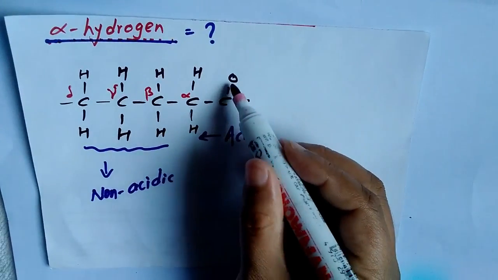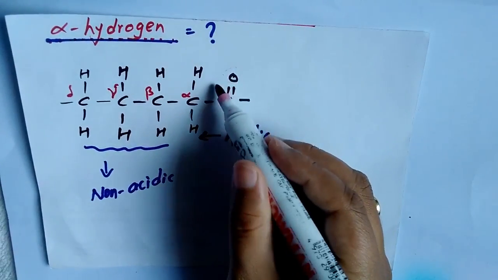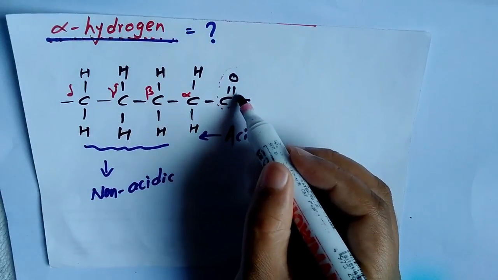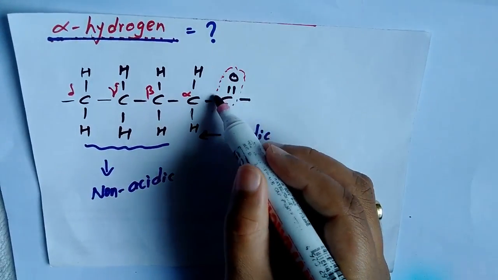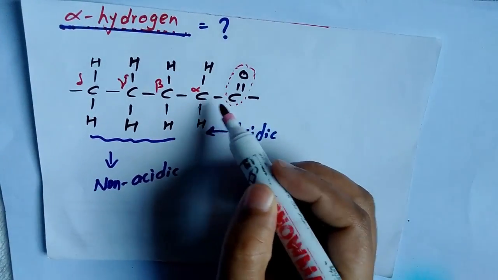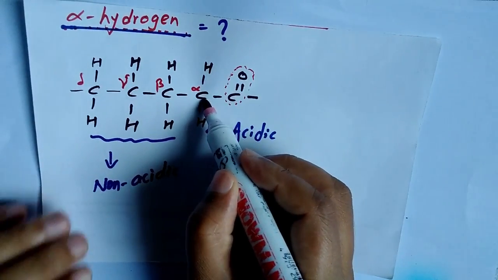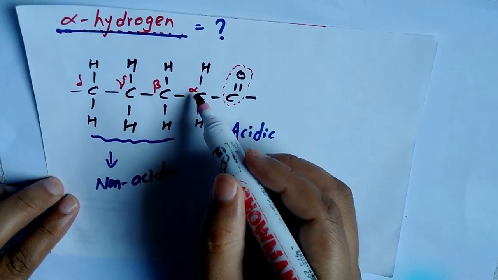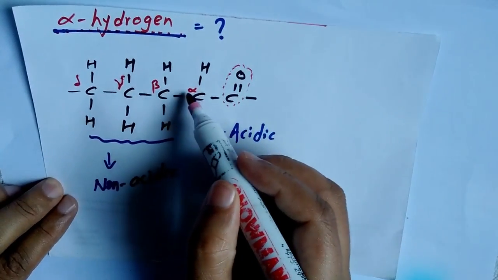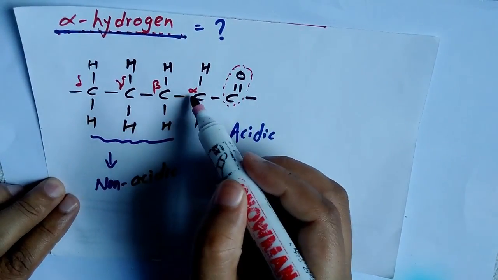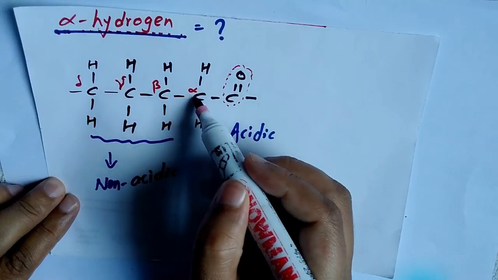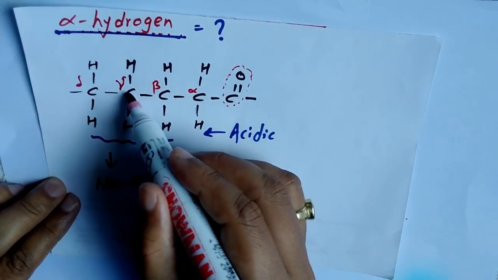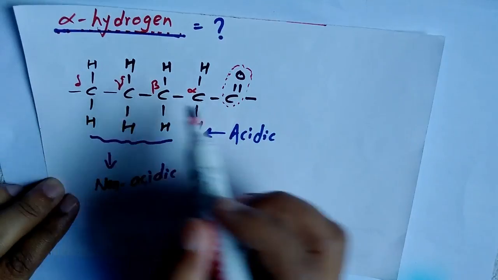Here C=O is the carbonyl group, and this is the functional group. The carbon bonded to the functional group is the alpha carbon, and then beta, gamma, delta, and so on.